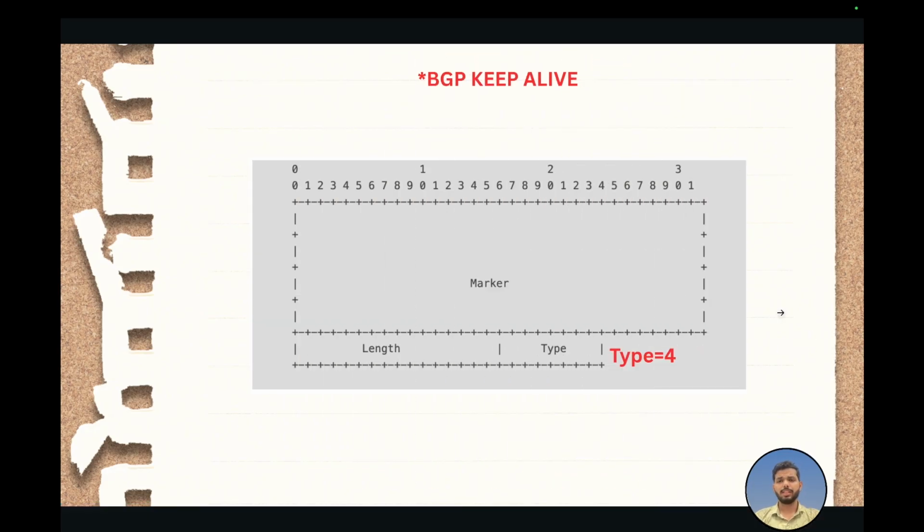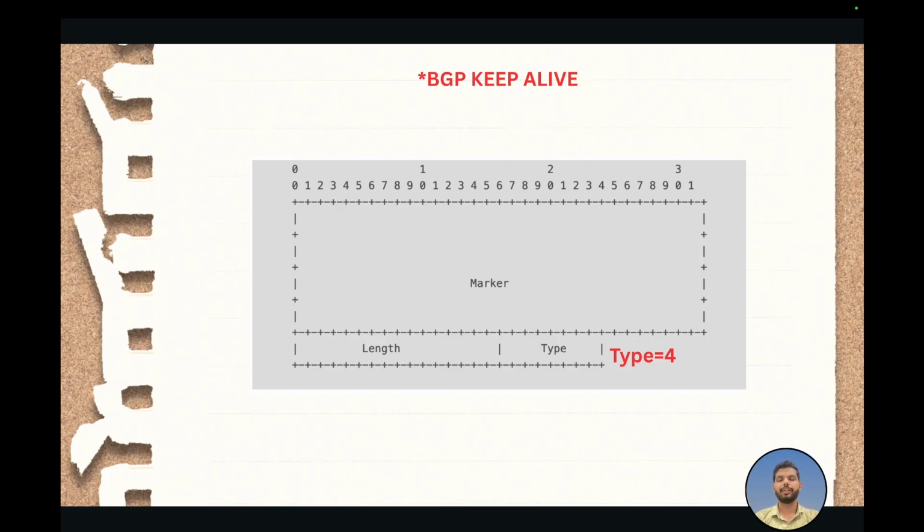So yeah, this is basically the BGP keepalive message. The BGP keepalive message is nothing but the BGP header with type value 4. When we have 4 over here, we don't need to send any other structures. We just need this much of the packet. With this type value 4, this is the BGP keepalive message, and keepalive messages are used to keep the neighborship alive.